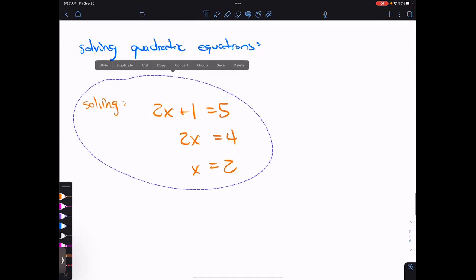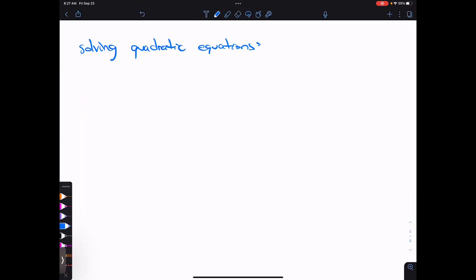So what changes if we're looking at something like x² plus 5x plus 6 = 0? Why is this different? X shows up in two places, and in a different kind of way, right? They're not like terms, they're different order, x² and a linear x.